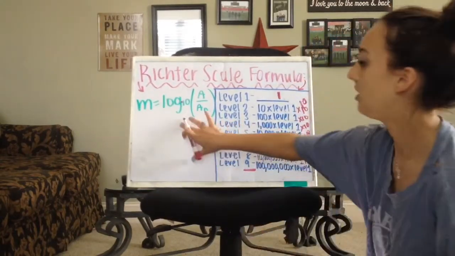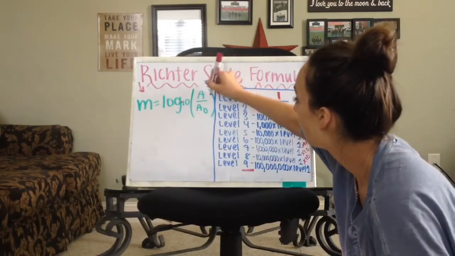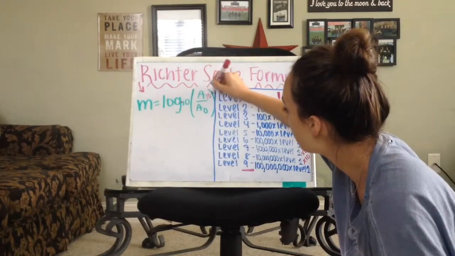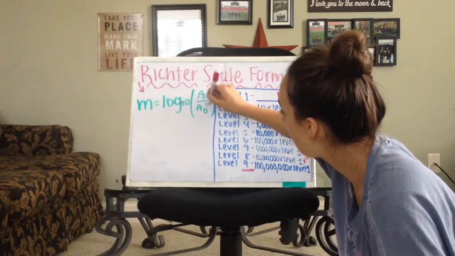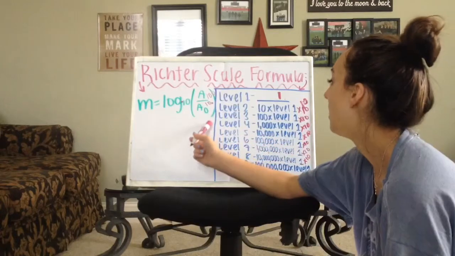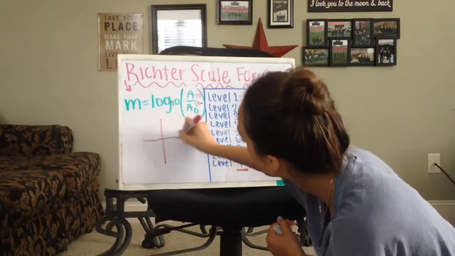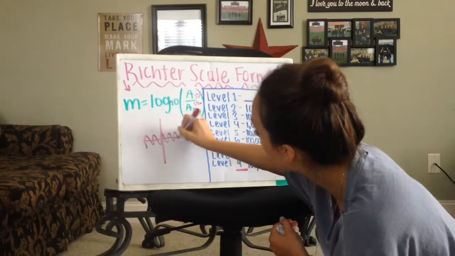If you type this in on your calculator, and a formula would say something like 100 over 10, you'll get something like this on your graph.